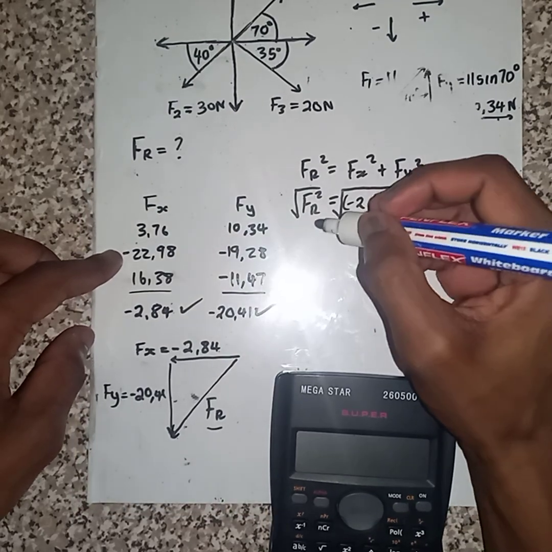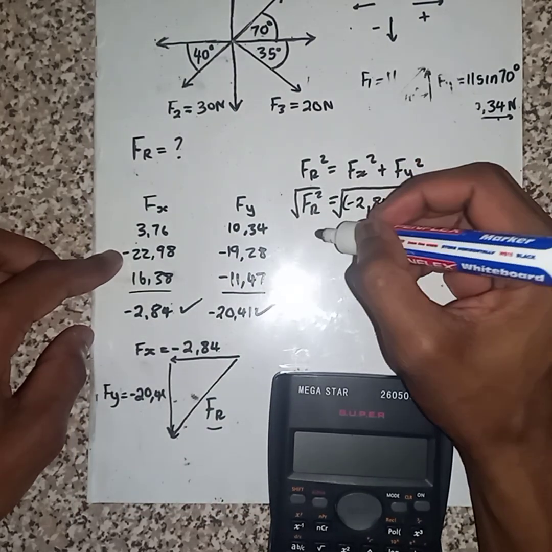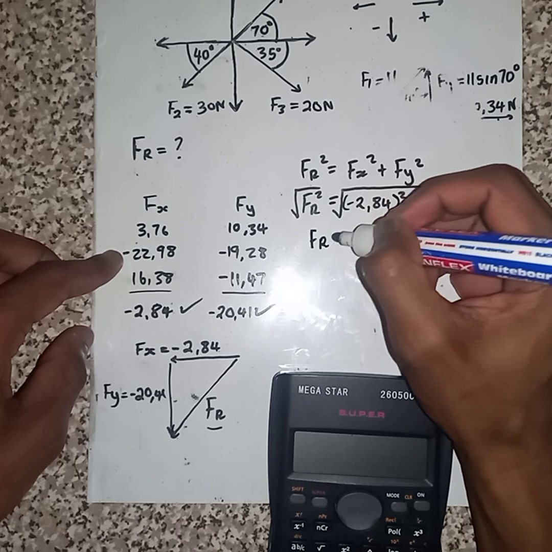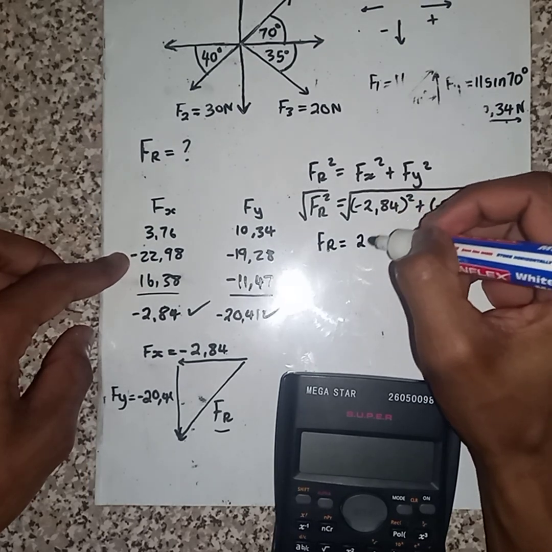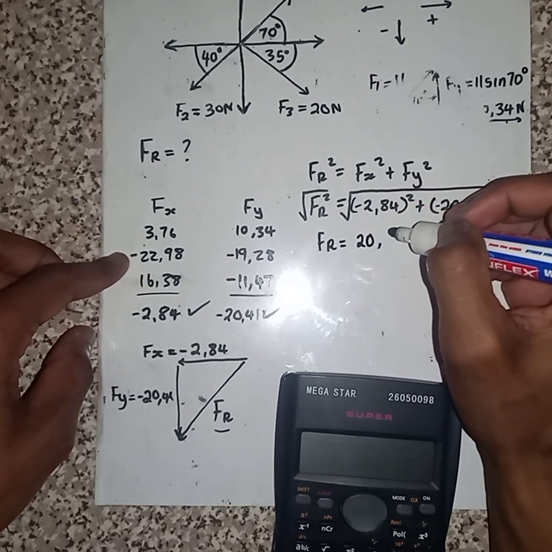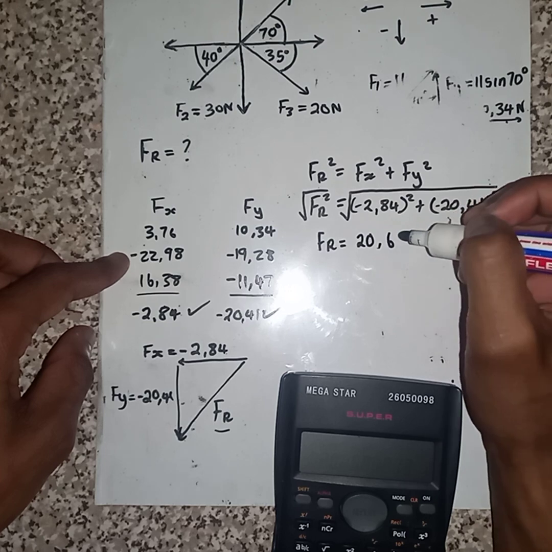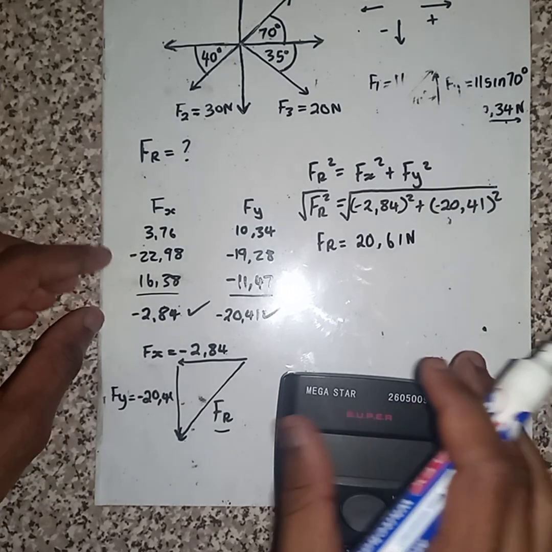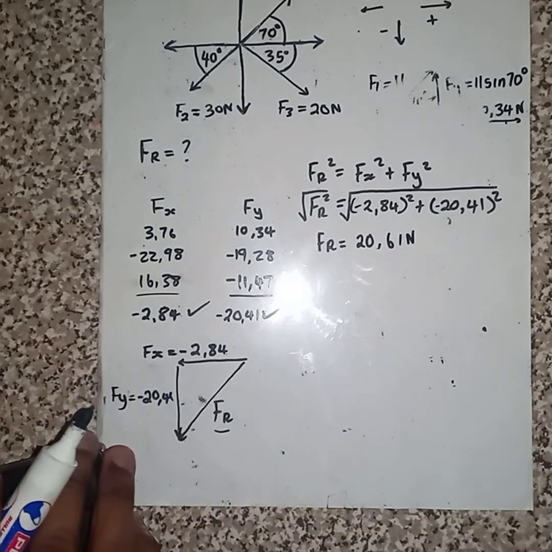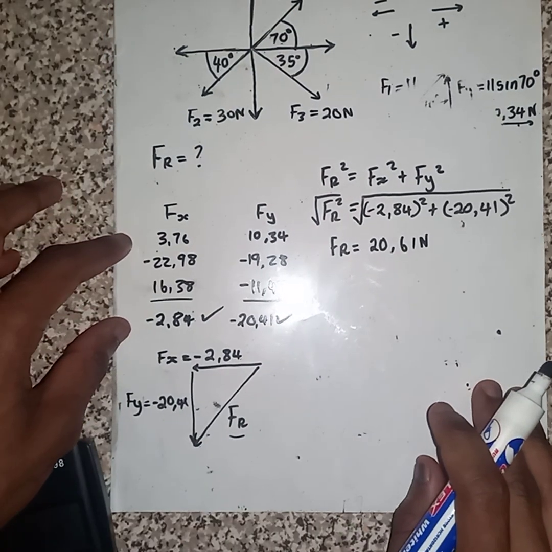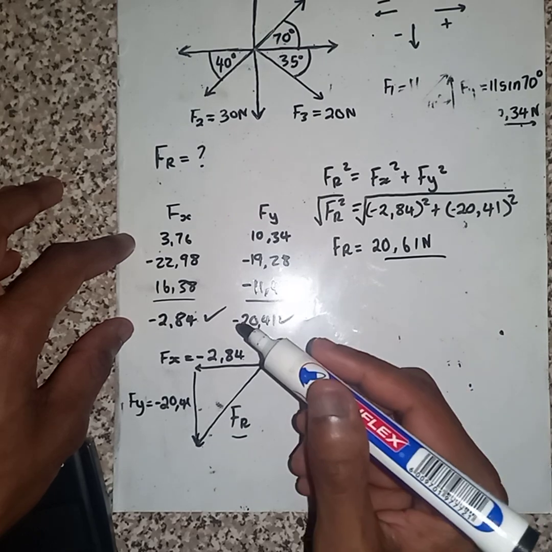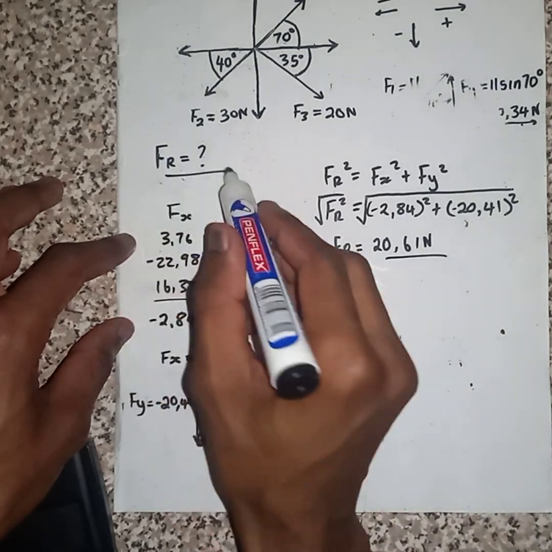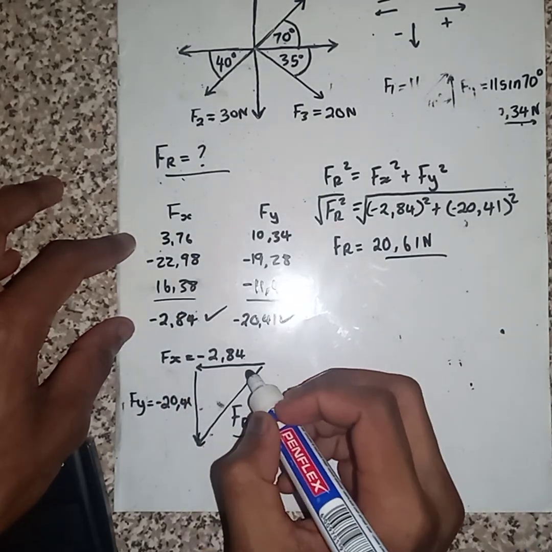Then now we remove that square. Going to have fr, which is 20,61 Newton, which is our resultant now. Immediately after doing this, we have found the magnitude, which is fr.